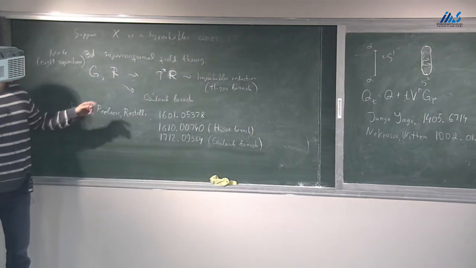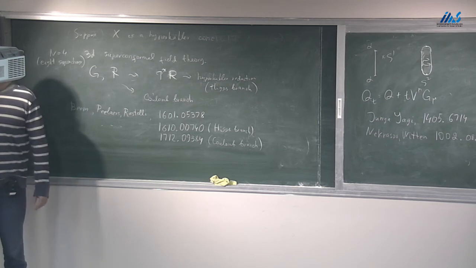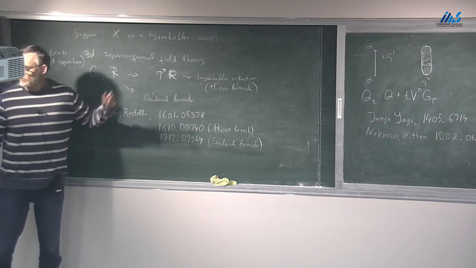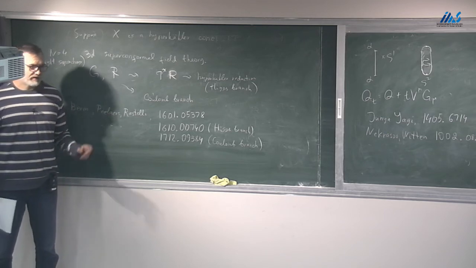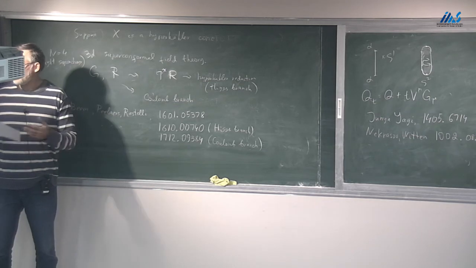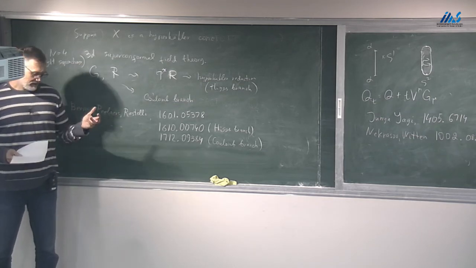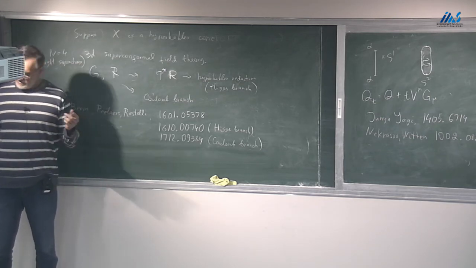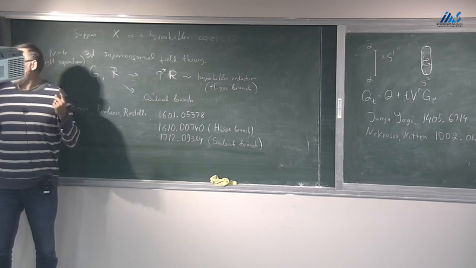The claim is this. There is a one-parameter canonical deformation of the algebra of holomorphic functions on these cones, which has some remarkable properties which are not obvious if you just think about deformation quantization modulo the usual equivalence. This deformation quantization is special: it depends on just one parameter, no matter what.